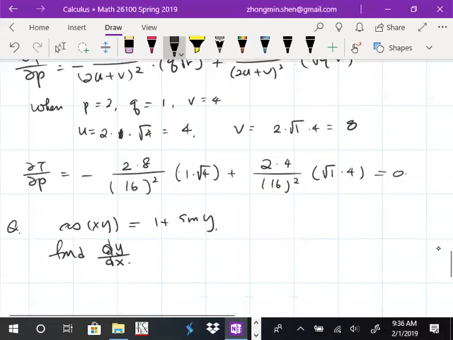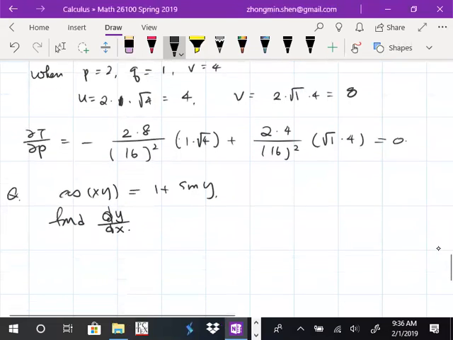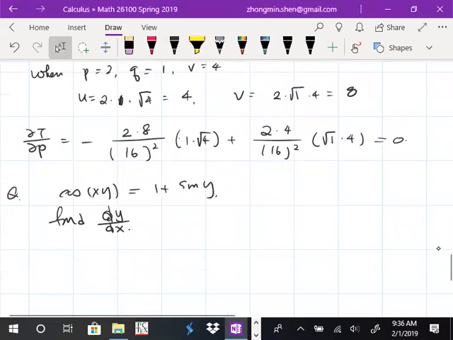This is not a partial derivative, this is a problem from calculus 1. You only have two variables here, so y depends on x. So dy over dx is just the rate of change in y with respect to x. So how do we do that? We just differentiate both sides with respect to x.